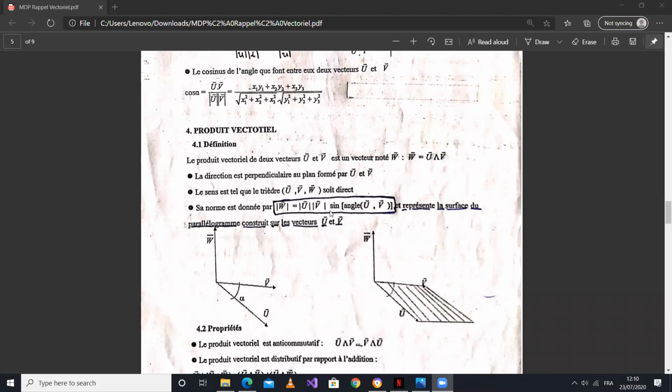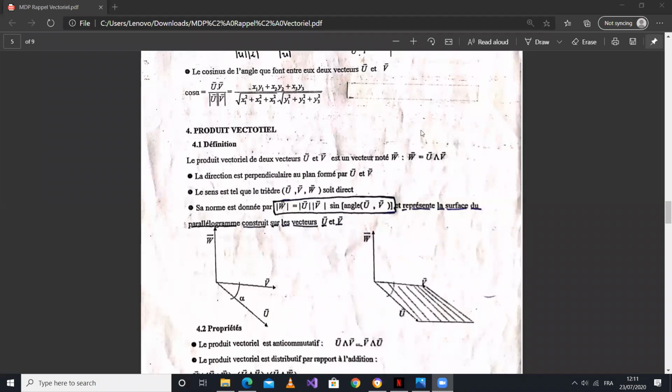In the product vectorial this time, we have sine of the angle between the two vectors U and V. That's what's changed in this formula. So it's just like the formula we had yesterday, except in this case, we're calculating the modulus of the resulting vector, and we have sinus instead of cosinus here in the formula. So if you learned how to use the other formula yesterday, this formula is not going to give you problems.